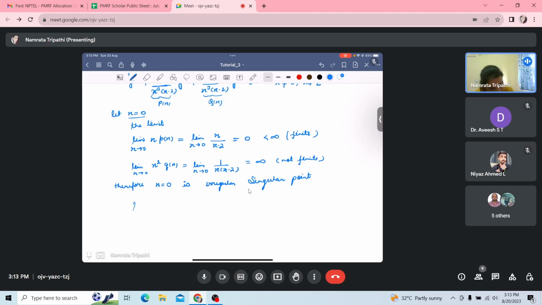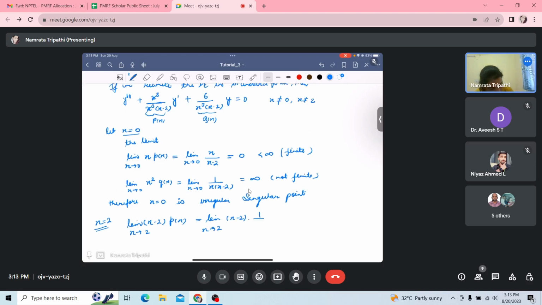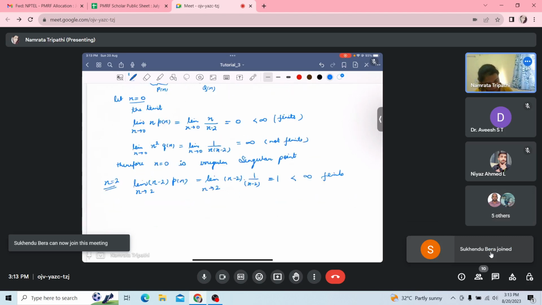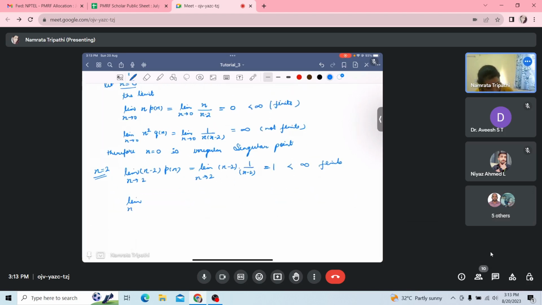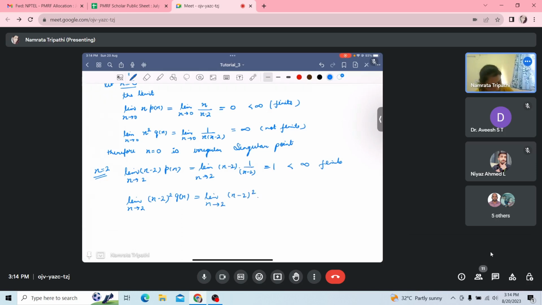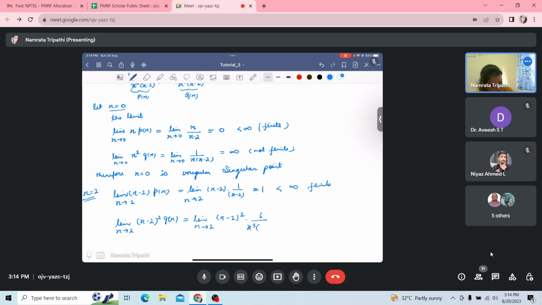Now similarly we can check for x equals 2. So this gives 1, which is finite. And also, what is q(x)? 6 upon x cube (x minus 2).